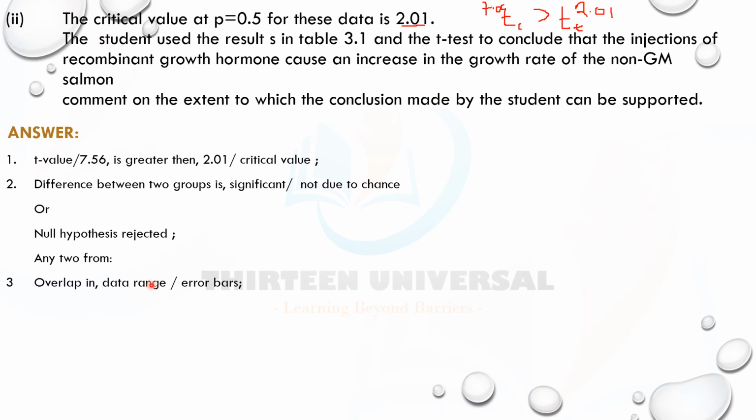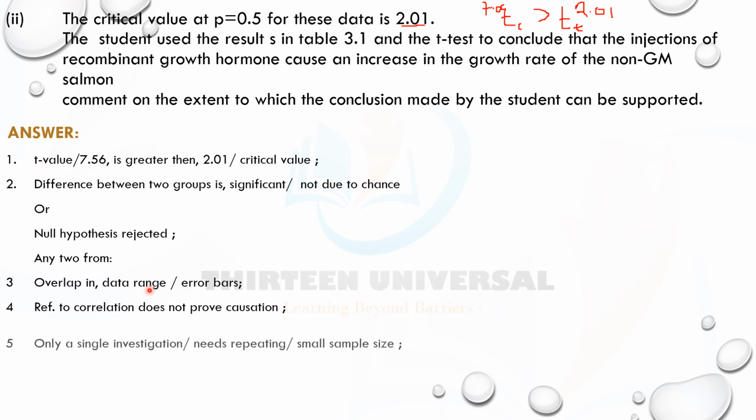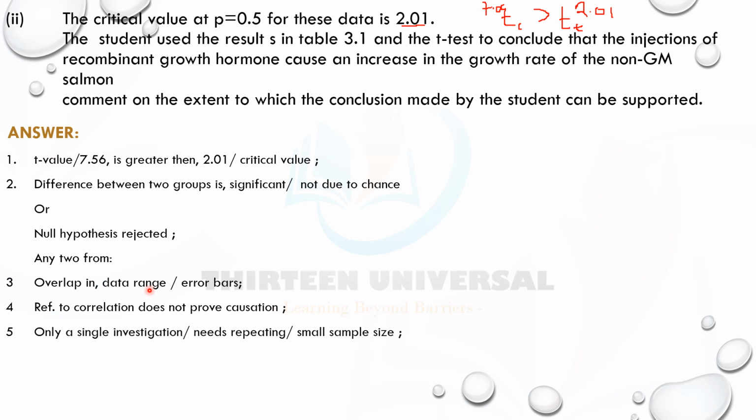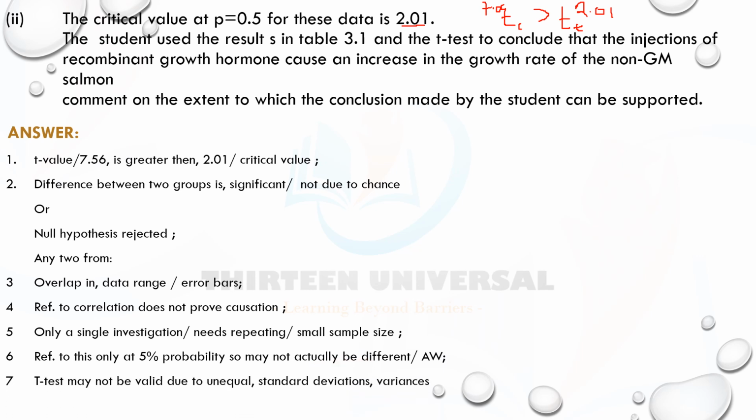Okay, if you go to the table and check, add the standard deviation to each mean, add and minus, do it, you see that there's overlap there. All right, so it's overlap there. Correlation does not prove causation, so just correlation. So only a single investigation, so small sample size was used, which could have affected the result. Reference to this at 5% probability, so may not actually be different. Okay, so these are the reasons.